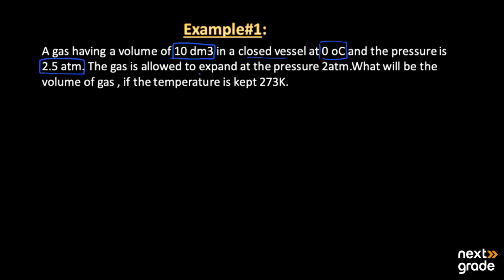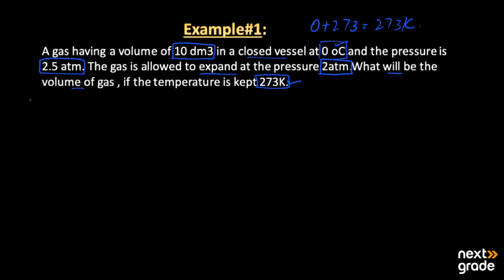Then the gas is allowed to expand at a pressure of 2 atm. What will be the volume of the gas if the temperature is kept at 273 Kelvin? 273 Kelvin means 0 degrees Celsius, because when we convert 0 degrees Celsius to the Kelvin scale by adding 273, we get 273 Kelvin.